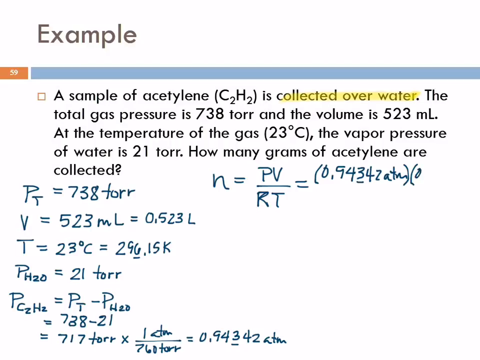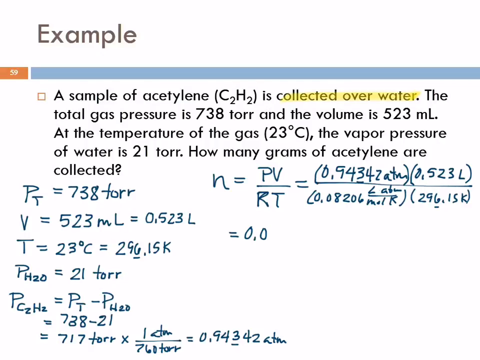Times the volume, 0.523 liters, divided by 0.08206 liter atmospheres per mole Kelvin, and temperature 296.15 Kelvin. So number of moles, 0.020303 moles.